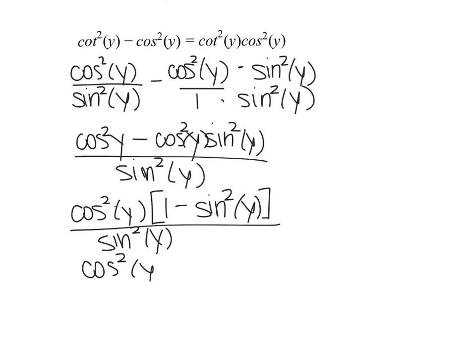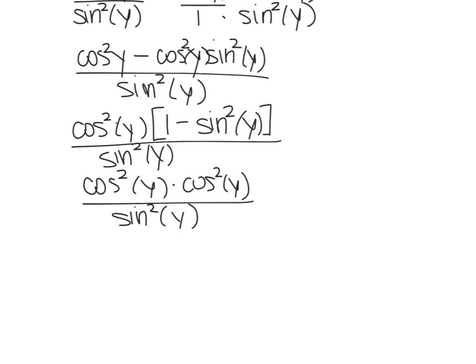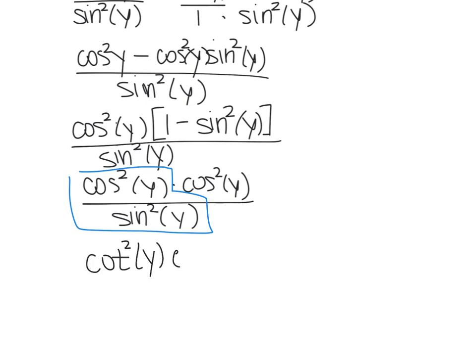So we get cosine squared of y times cosine squared of y over sine squared of y. Now that we look at our fraction, I can rewrite cosine squared y over sine squared of y, since that is the fraction for cotangent. So we get cotangent squared of y times our remaining part of our numerator, cosine squared of y. And we have now verified our identity.